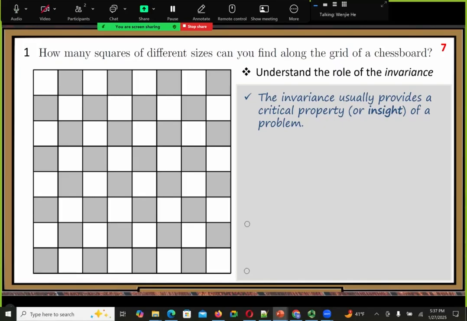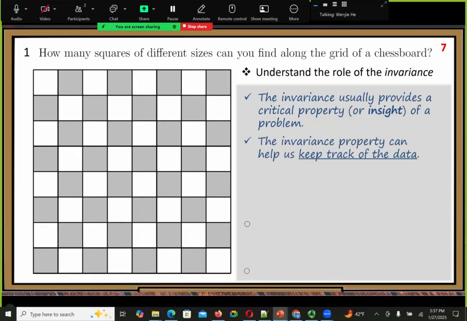Because this property is so important, sometimes we rely on it to help us figure out some questions that are very difficult to answer. We need this property.